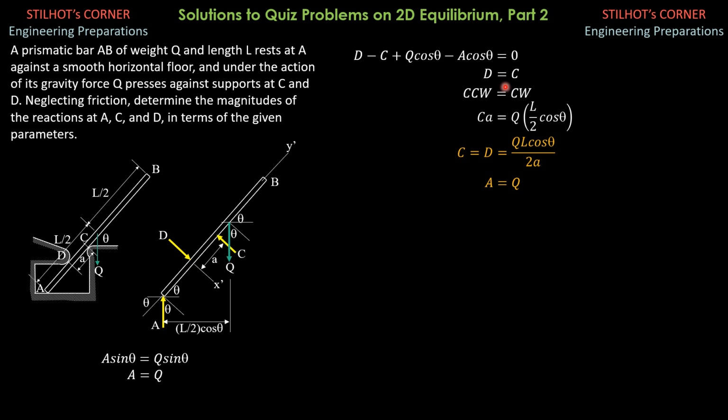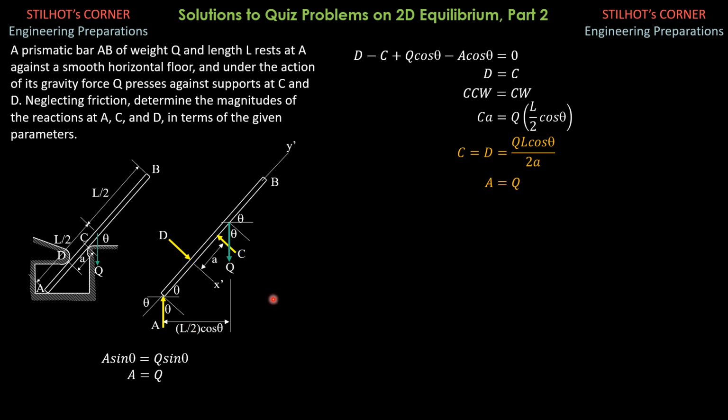Because C is equal to D, the moment between C and D is a couple, which is counterclockwise. Then summation of moments equals 0. The counterclockwise couple, C times A or D times A, is equal to the clockwise couple. We have Q and Q, so it is a clockwise couple.